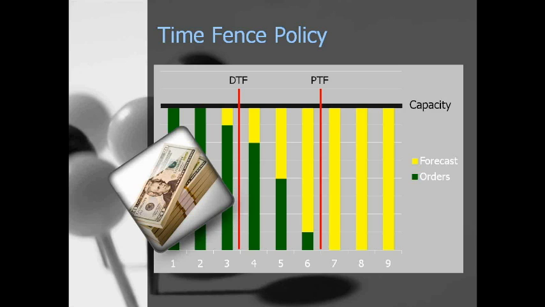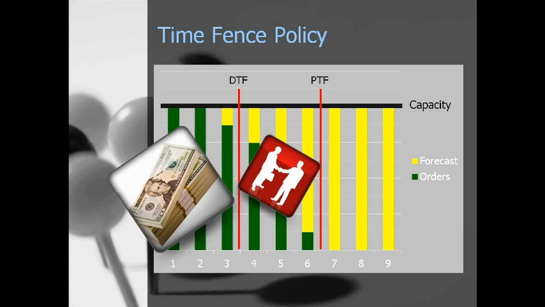Now, what happens if there's a change outside the demand time fence? In the next period, between where the demand time fence is and where the planning time fence is, that's the area where the master scheduler gets to make the trades, talking to production, talking to customer service, talking to supply chain management. Because here we are balancing competing interests of actual customer orders versus forecasted demand and making trade-offs there.